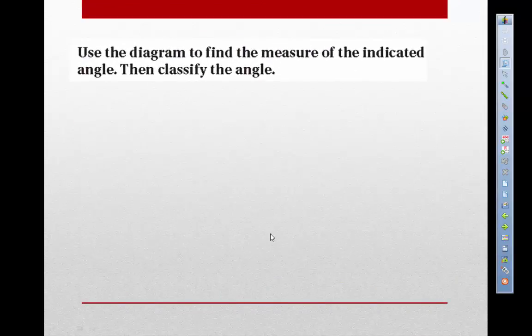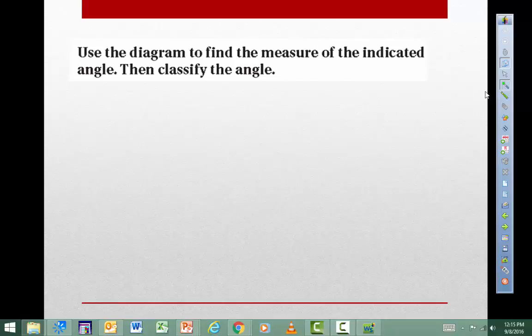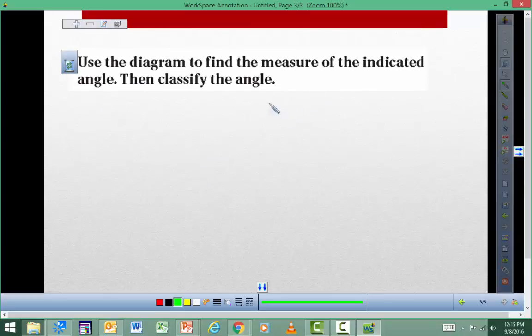Use the diagram to find the measure of the angle. Then classify. Oh, by the way, when we're trying to find the measure of an angle, you know how when we were talking about segments, we had AB and we had that mark, right? Well, what did it mean if we had AB without a mark? That's distance, or length.